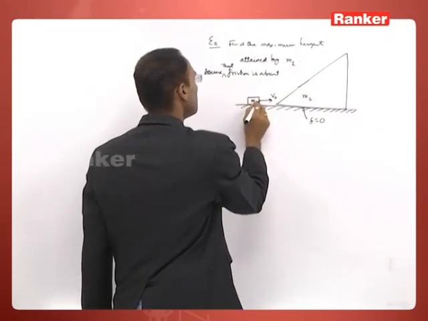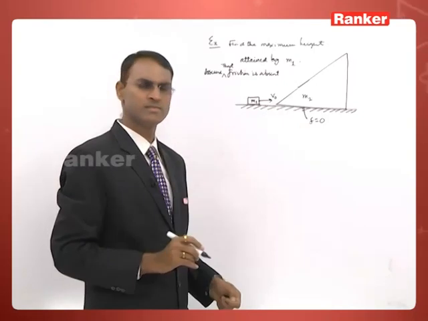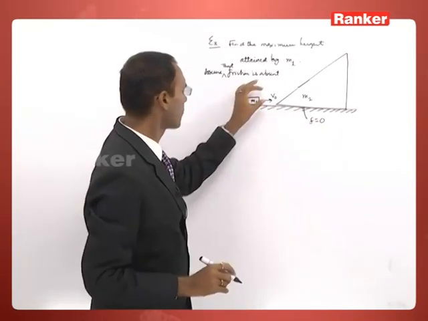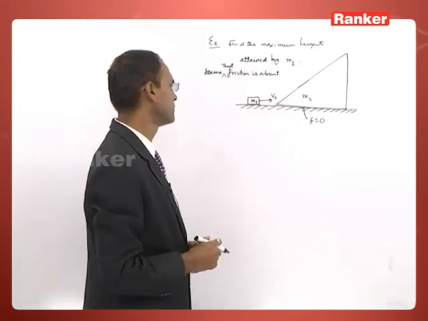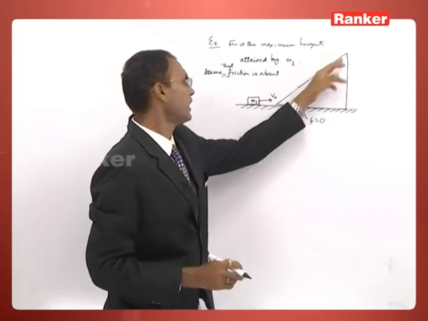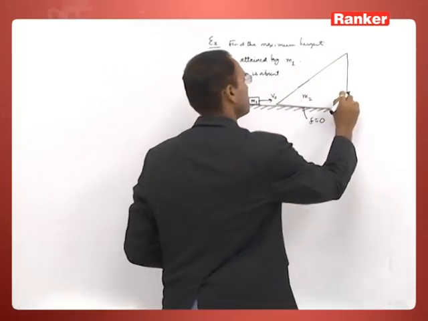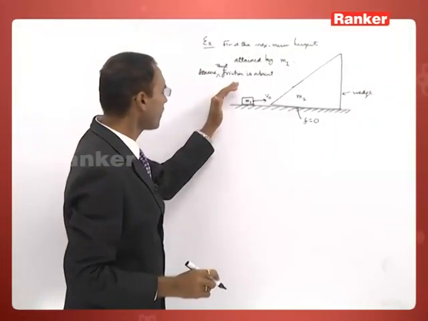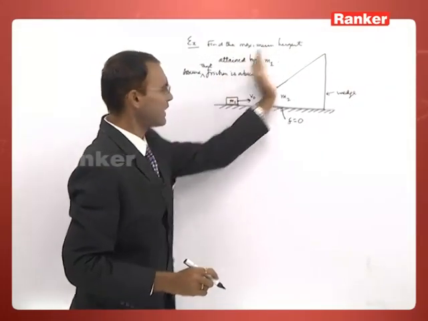The block is projected towards right with a velocity v naught on the horizontal plane. And this is a wedge. The block will go and climb onto the wedge.